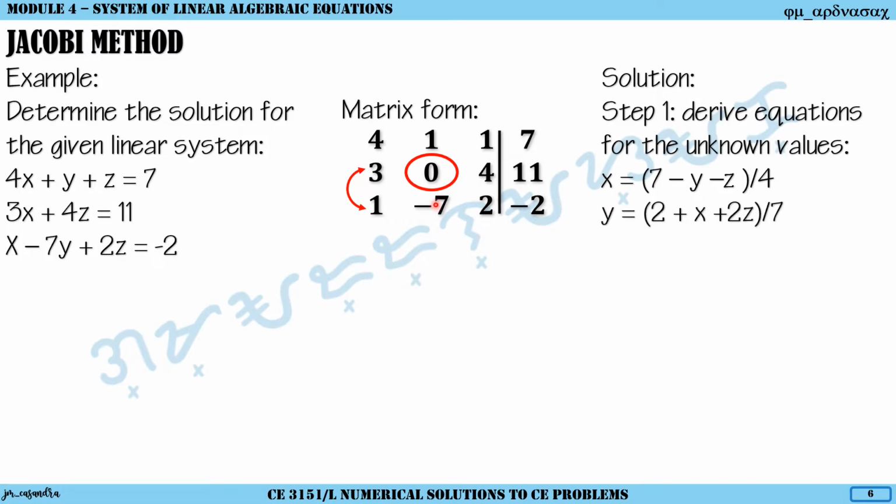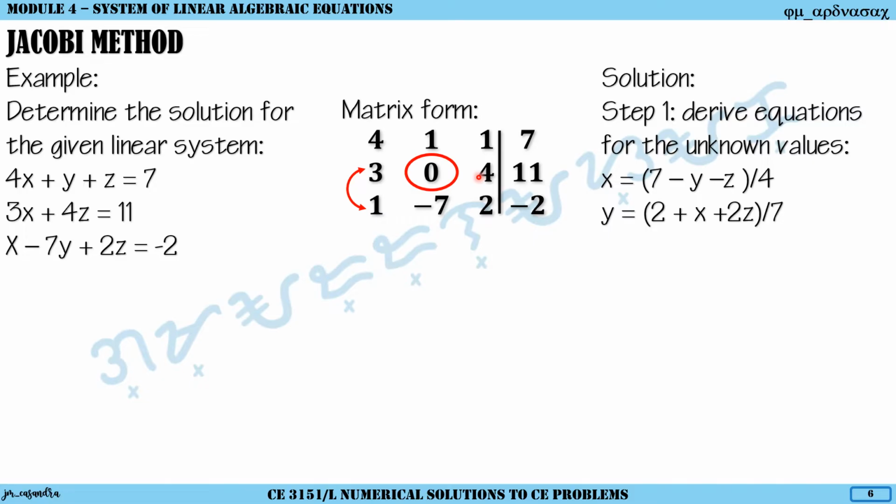So y = (2 + x + 2z)/7. It's just a transposition. The rewritten equations came from our original equations; we just wrote them in matrix form to check if the diagonals are non-zero. So for the last equation, we now solve for z.